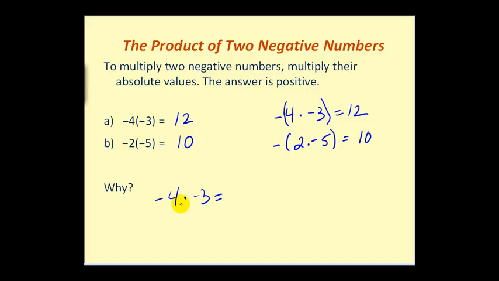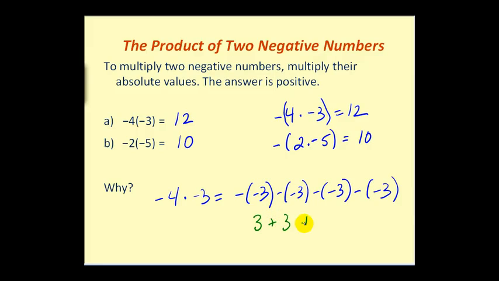So if I want negative 4 of negative 3, I'd have to subtract negative 3 4 times. Well, we know from adding and subtracting integers, subtracting a negative is the same as adding a positive. So this translates into 3 plus 3 plus 3 plus 3, which is equal to positive 12.